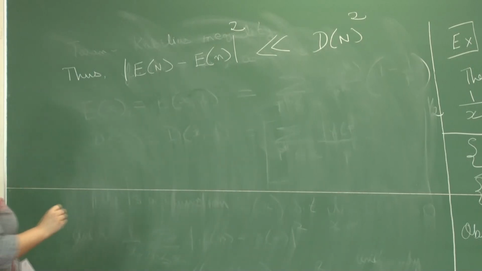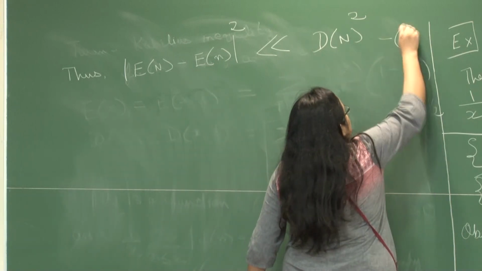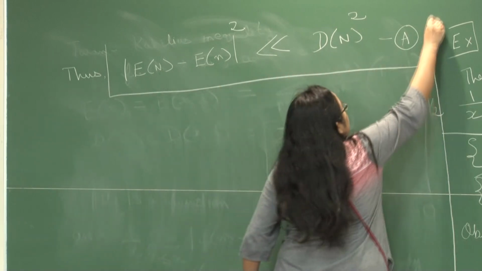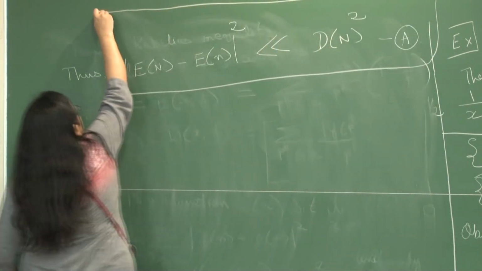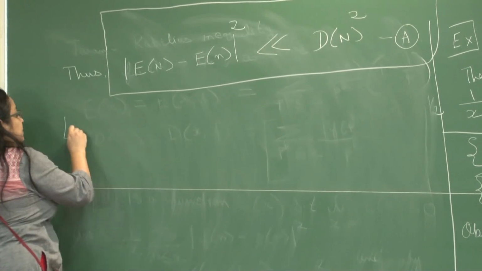So let's call this equation A, and we note this observation. We will come to it many a times. Now here is a small lemma.